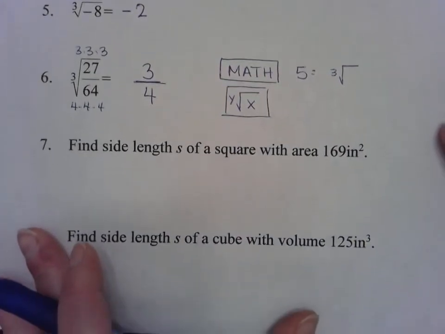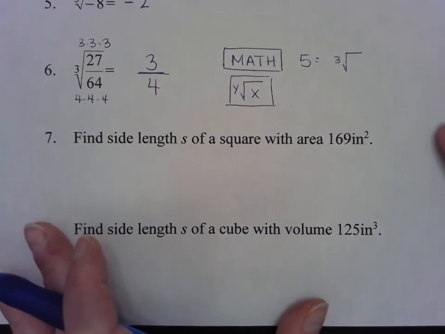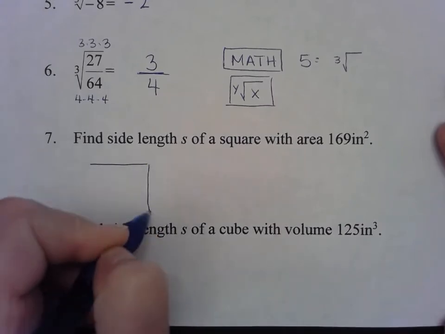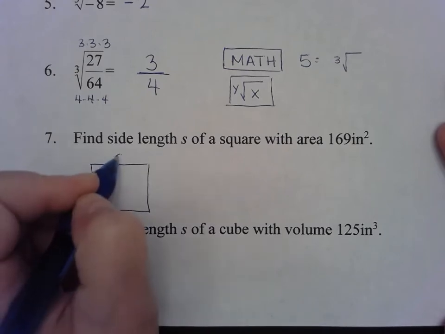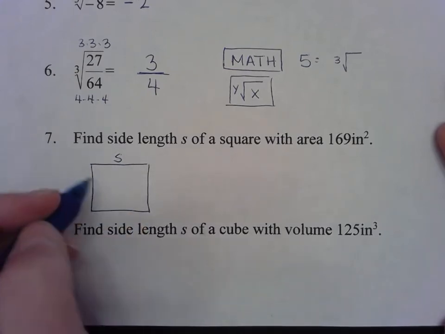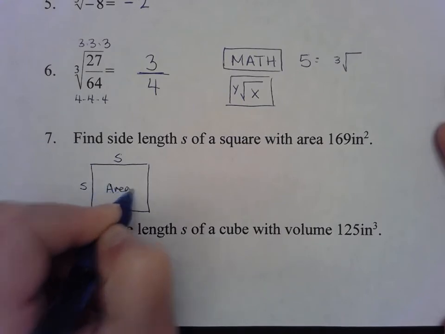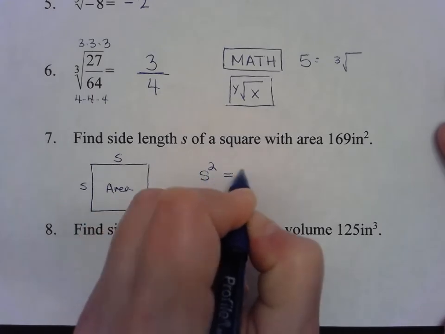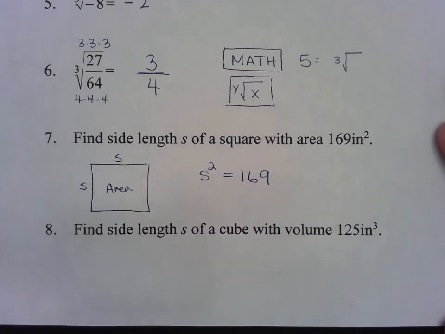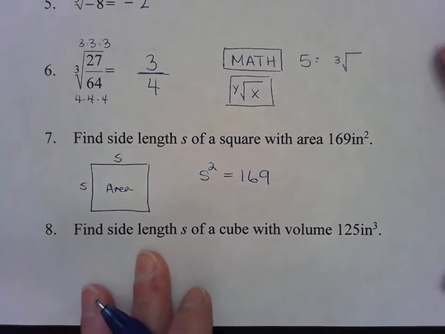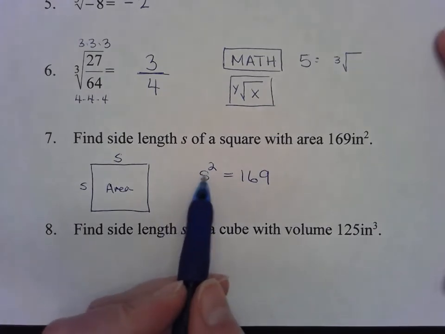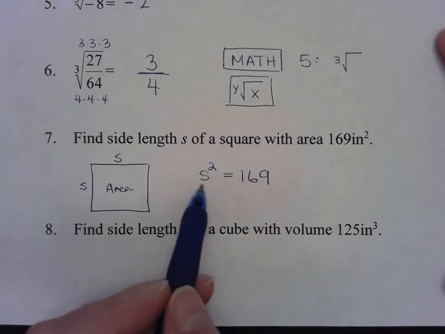All right, here's a couple of interesting ones. Find the side length s of a square with area 169 square inches. It's area, so side times side, or side squared, is 169. We could just think about what number would work for this for right now.